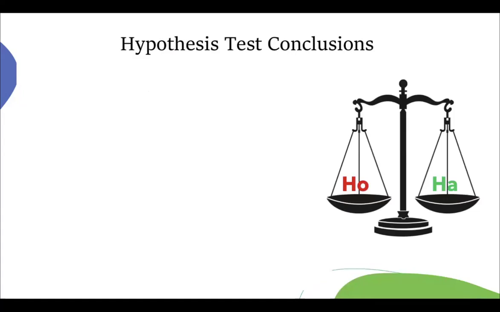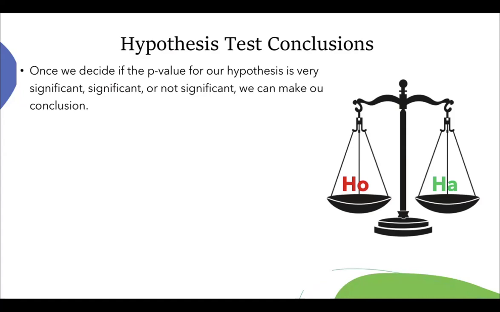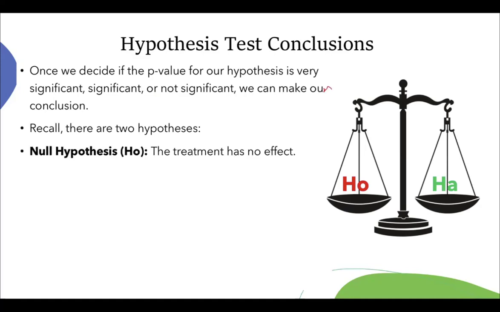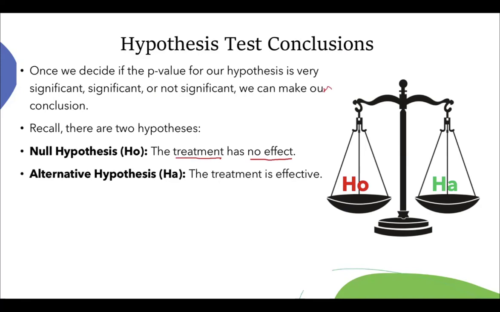When we look at our p-value, it gives us enough information to make a conclusion for our hypothesis test. Once we decide that the p-value is very significant, significant, or not significant, we can make our conclusion. There are two types of hypotheses, remember, H0 and HA. H0, we said that whatever we're testing, treatment, vaccine, drug, product, has no effect. And HA, the treatment has an effect, is effective.